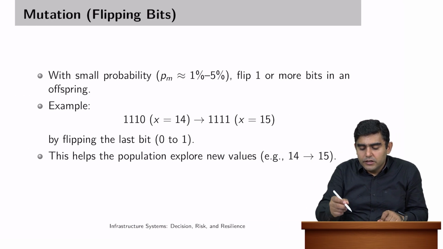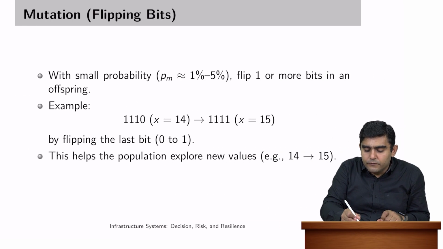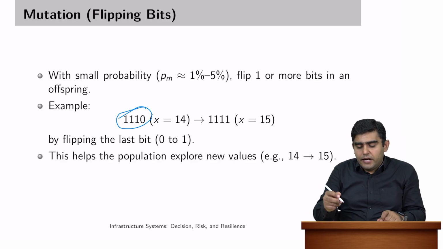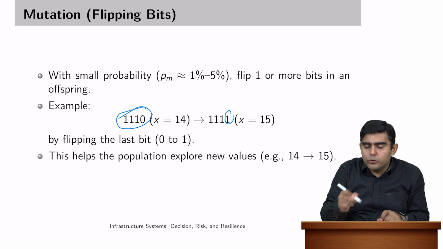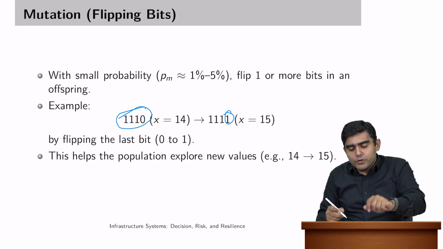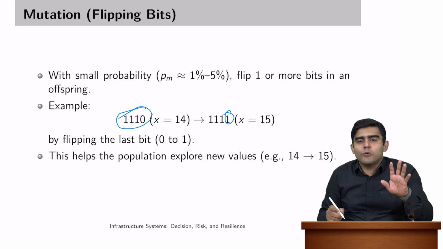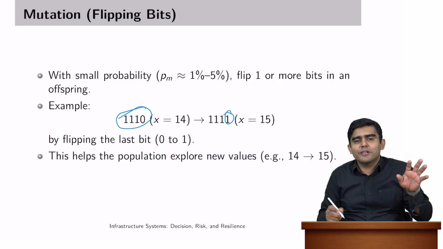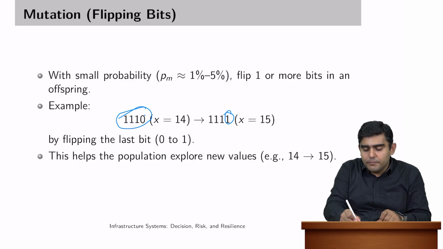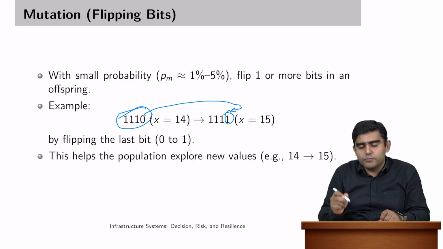So now what we also do is that we take one of these offspring randomly and mutate it with some very low probability. This probability of mutation should be very small, otherwise your solution may get unstable. But here, to show how it would work, mutation would force this 0 to become 1.